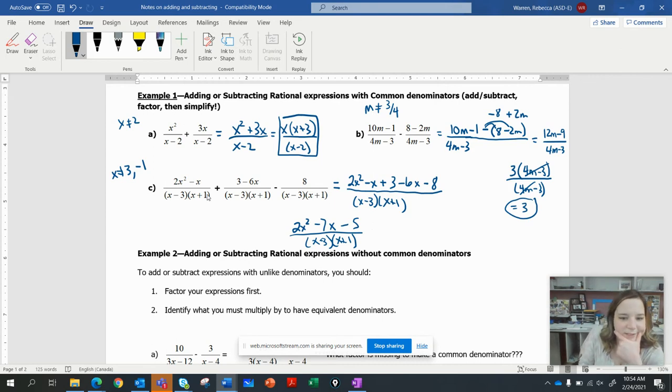Then we are going to see if it simplifies. So the top, the only way it factors is by decomposition. So it would be what multiplies to negative 10 but adds to negative 7.